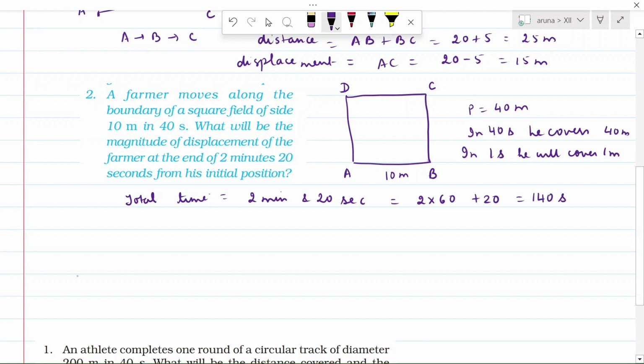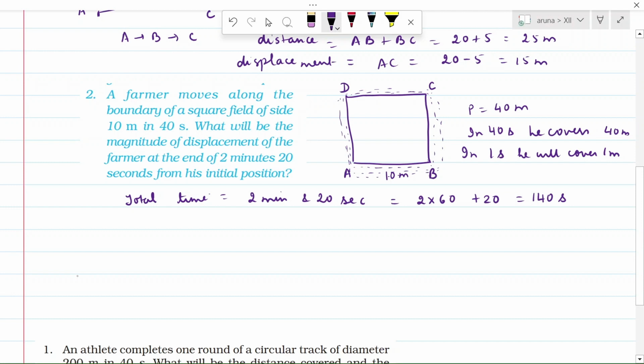If he goes around the boundary of the field in 40 seconds once, he will be going from A to B, then C. So 40 seconds over. Again, second time, 40 seconds over, 80. Third time, 120.